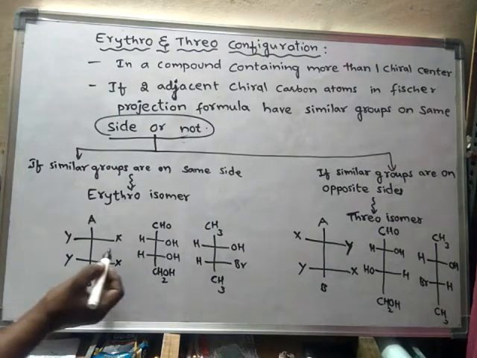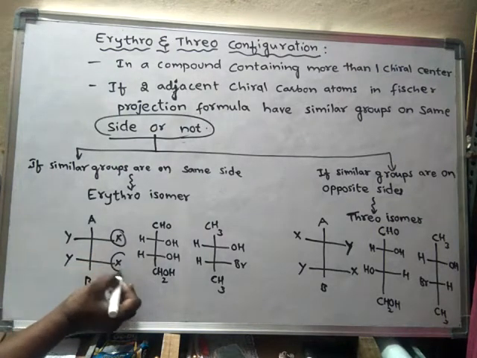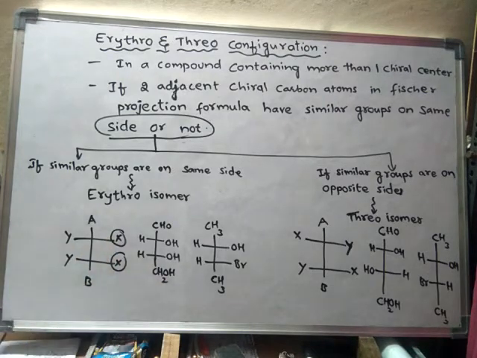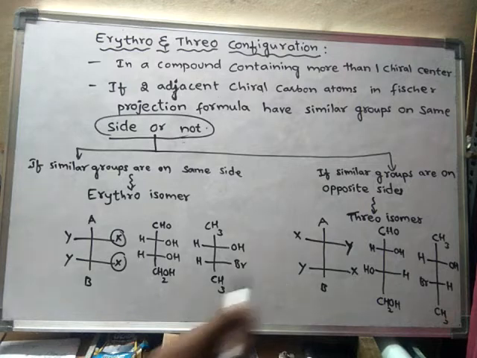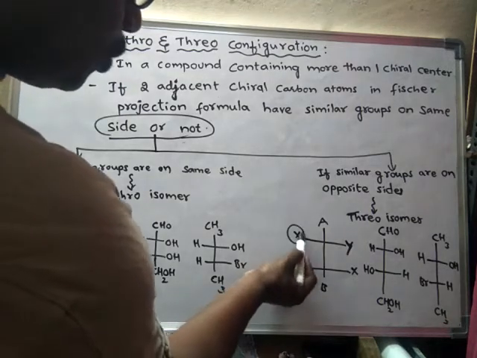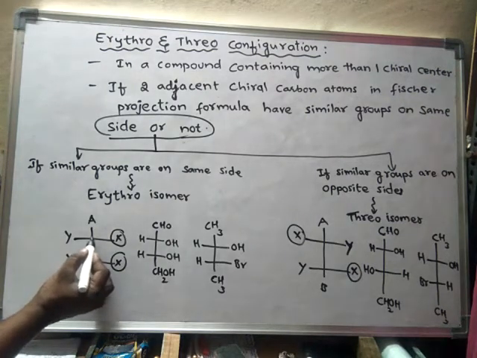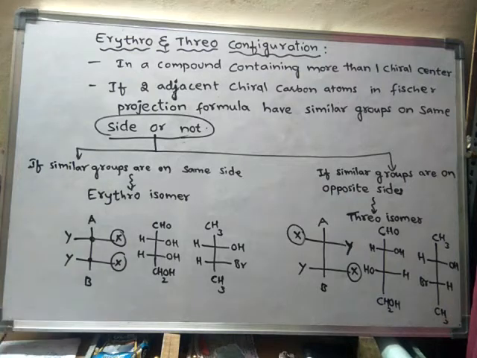For example, X and X. Here these two are similar groups, and they are present on the same side. In this other case, similar groups are present on the opposite side. So that means two types. Here this is a chiral carbon, and this is also a chiral carbon, so these two are adjacent chiral carbons.